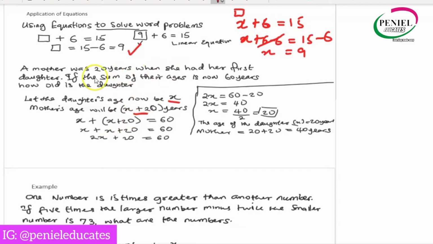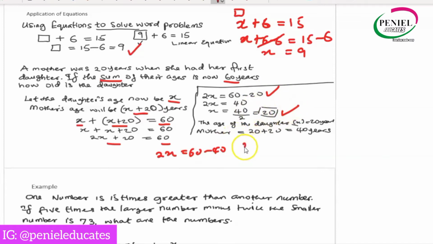Now we are also given that 60 years is the sum of their ages now. So x plus x plus 20 is equal to 60. So 2x plus 20 is 60. By the time you do that, 2x will be 60 minus 20, so x is 20.